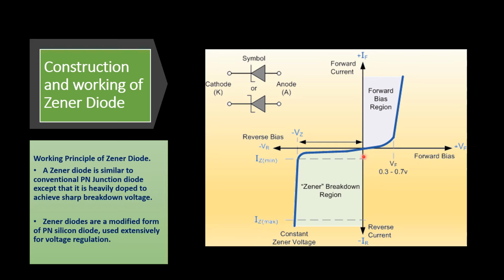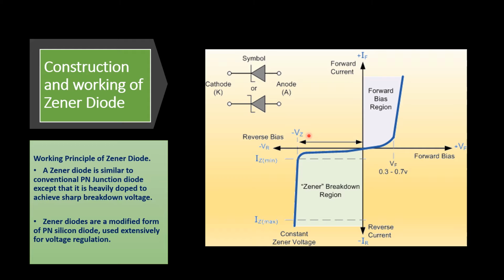In this reverse bias region, if you observe the voltage and current of this Zener diode, from 0 voltage onwards up to Vz, the Zener voltage, it will not allow the current. That is the main working principle of the Zener diode. See, up to Vz there is no increase in the current.